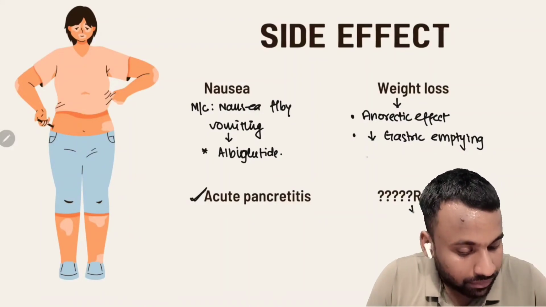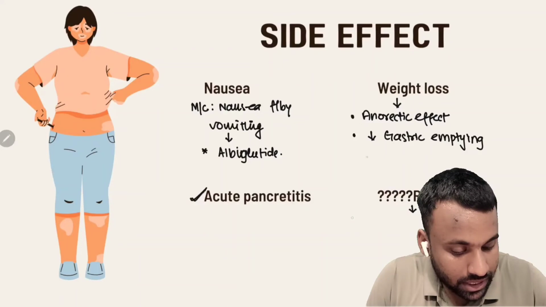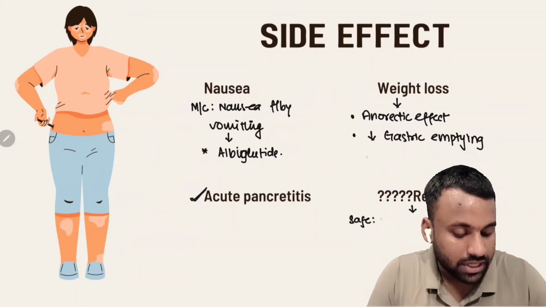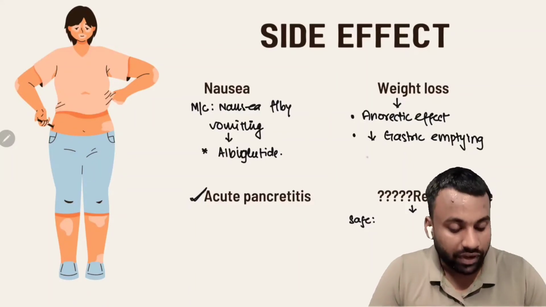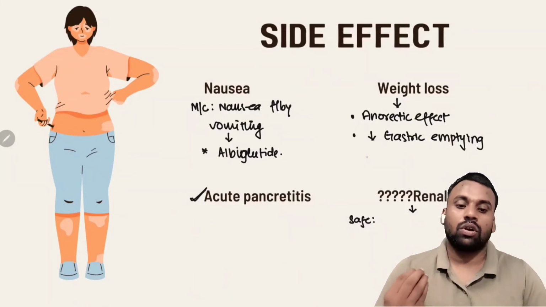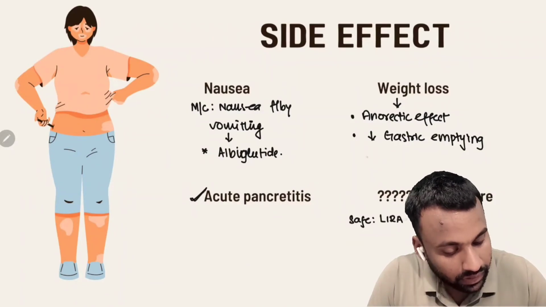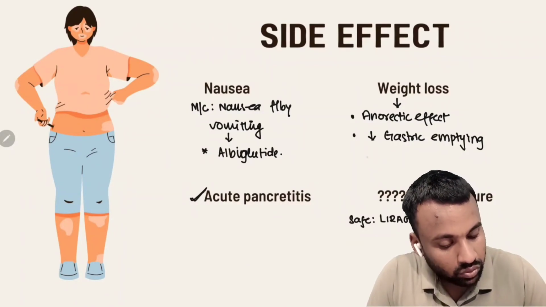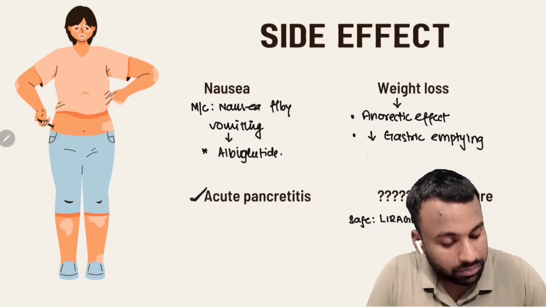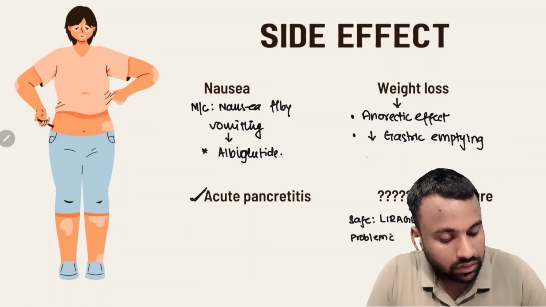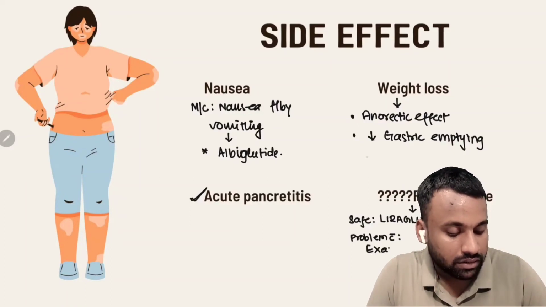The safe GLP drug in renal failure is normally liraglutide. But the problem is with exenatide.